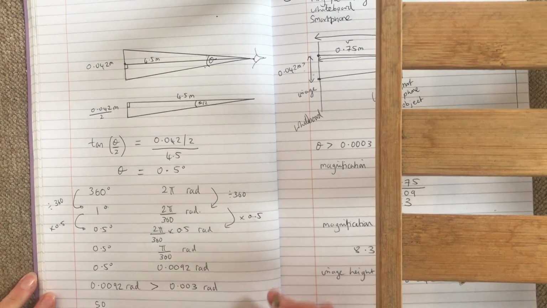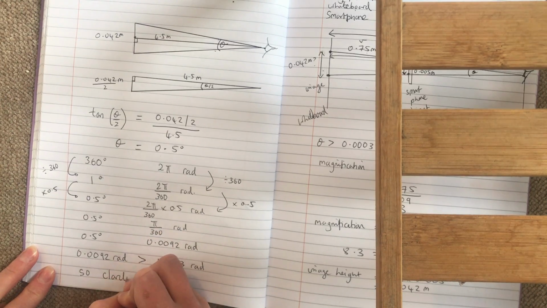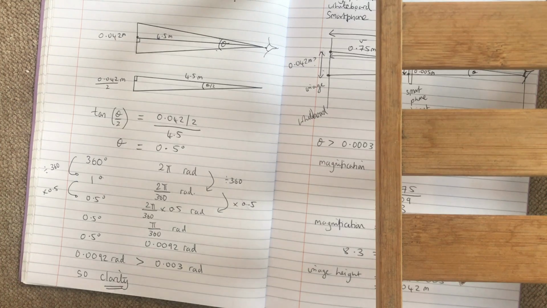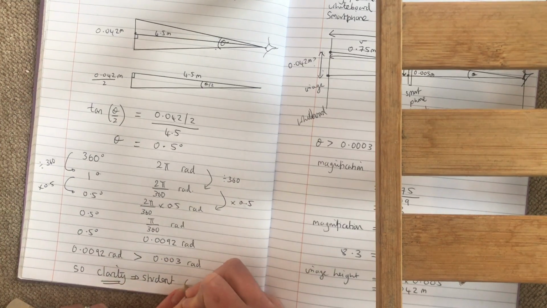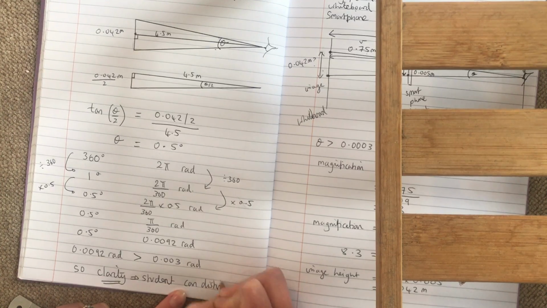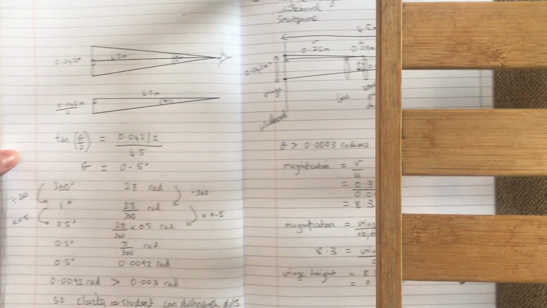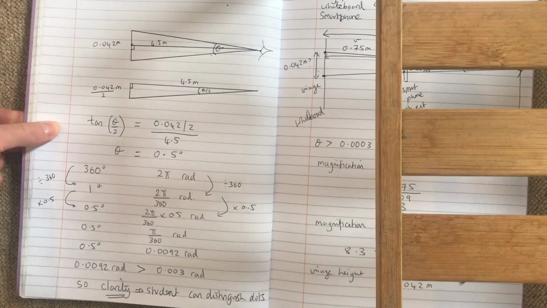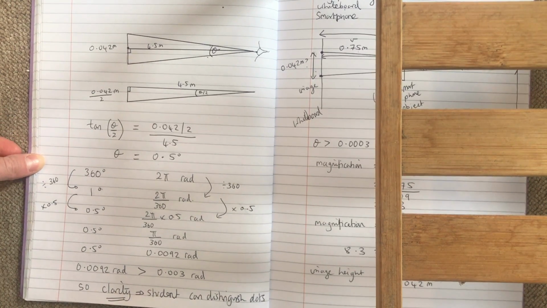We have clarity, and that means the student can distinguish the dots. Not the easiest of questions by any means. Hopefully that helped in going through this, and that will be worth 5 marks.